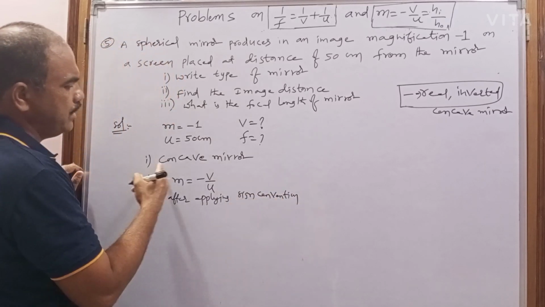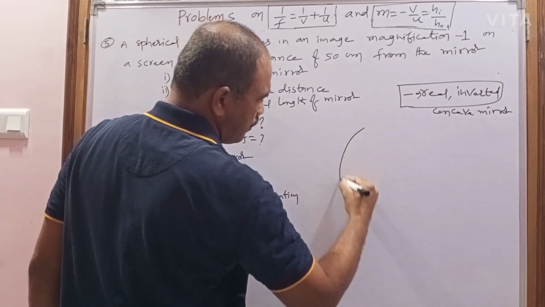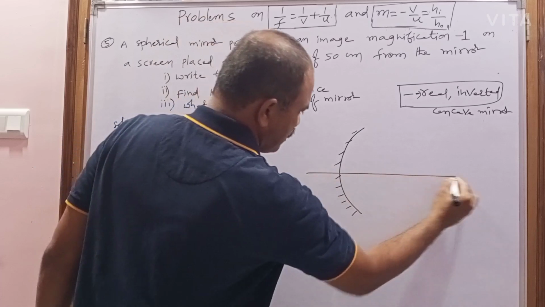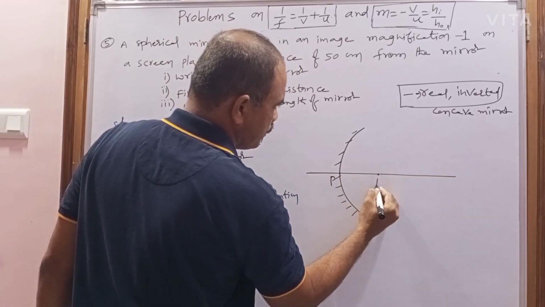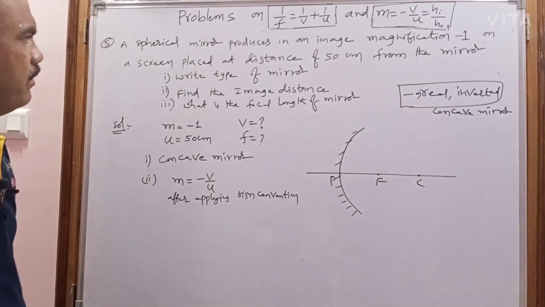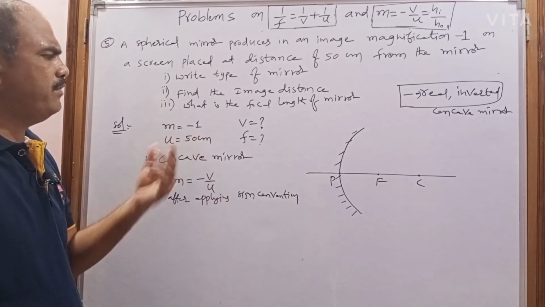now you already know which type of mirror this is. Concave mirror. This is the pole, this is the focus, this is the center of curvature. So where is the object placed? At 50 centimeter.